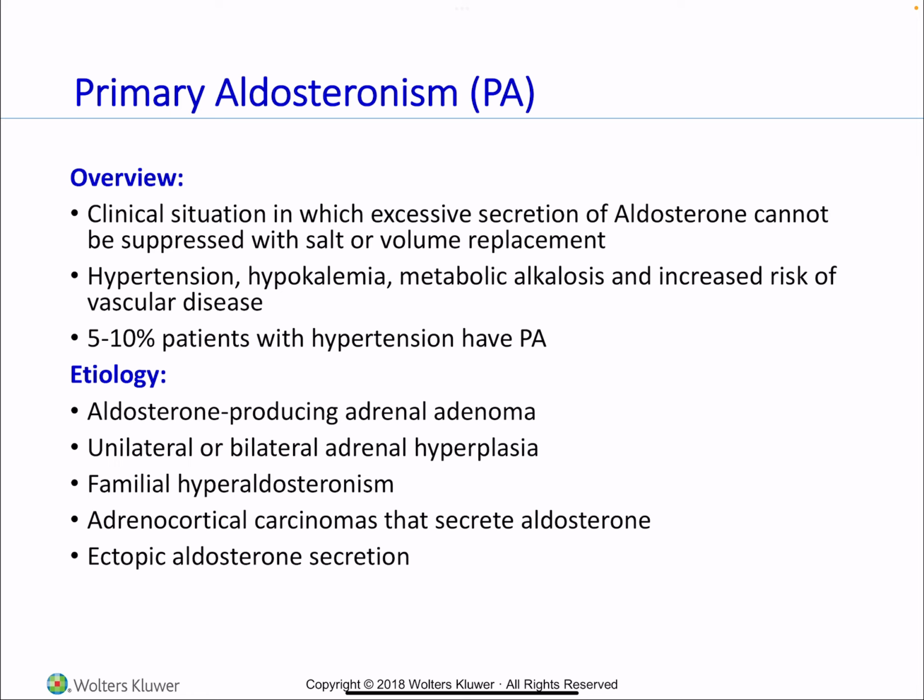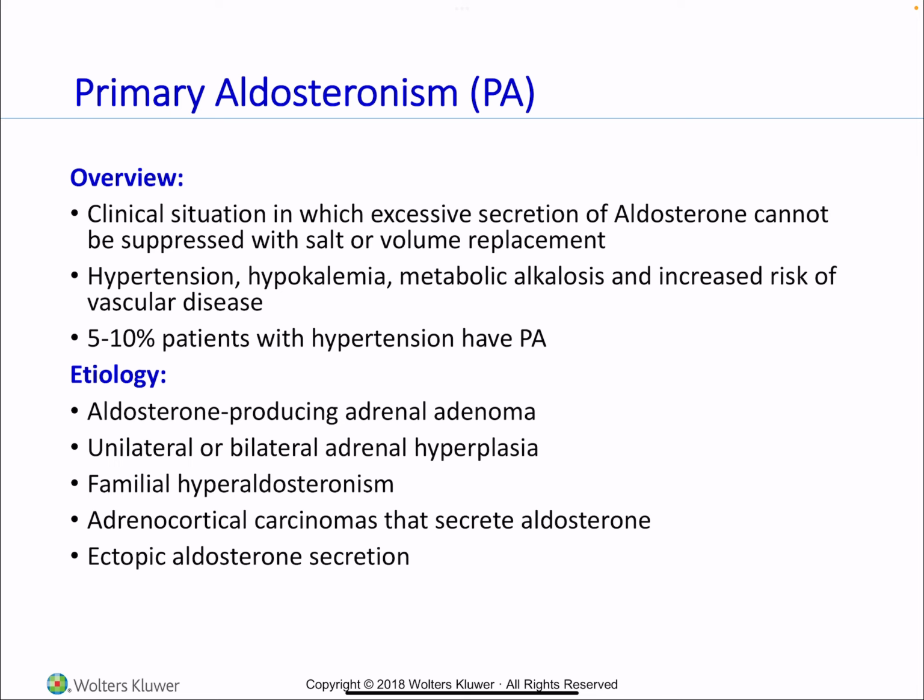So primary aldosteronism, as you can imagine, is a clinical situation in which there is excessive secretion of aldosterone. Okay, so this is a mineralocorticosteroid, a steroid hormone produced in the adrenal cortex and the adrenal gland that is essential for sodium conservation in the kidneys.